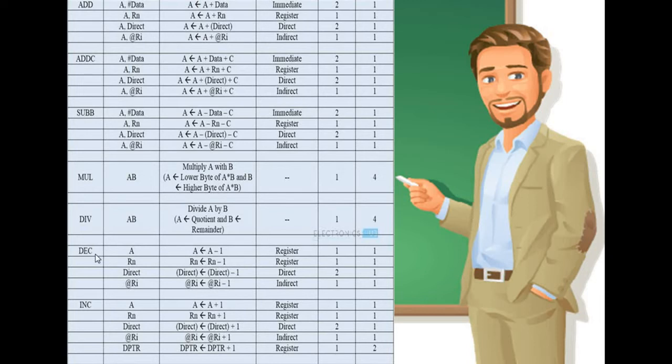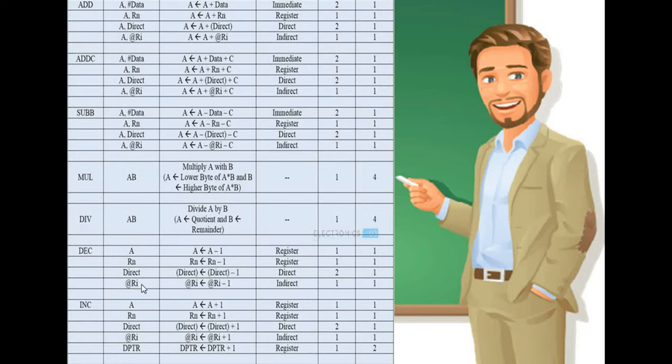Here, decrement A, that is, it will be decremented by 1. Decrement A means the contents of the addressing location of A will be decremented by 1. See here, decrement Rn equals Rn minus 1. Decrement direct equals direct minus 1.